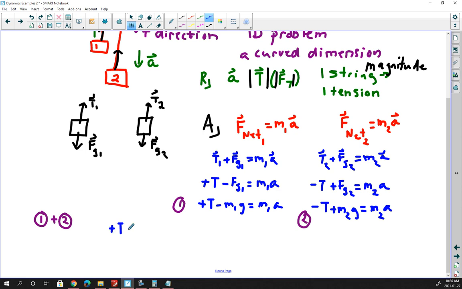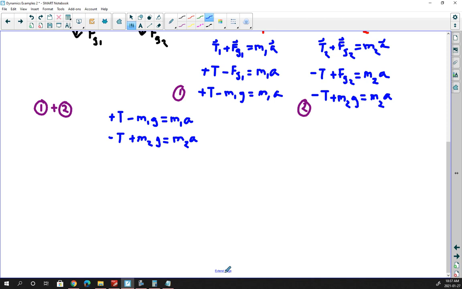So here's equation 1. And to that equation, I'm going to add equation 2. And so positive t and negative t, that doesn't give me anything.